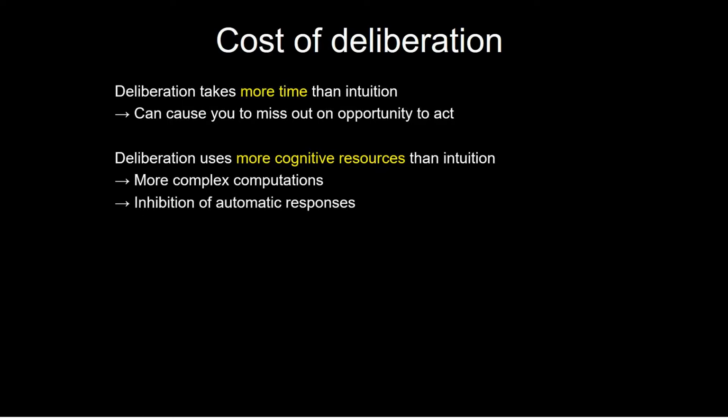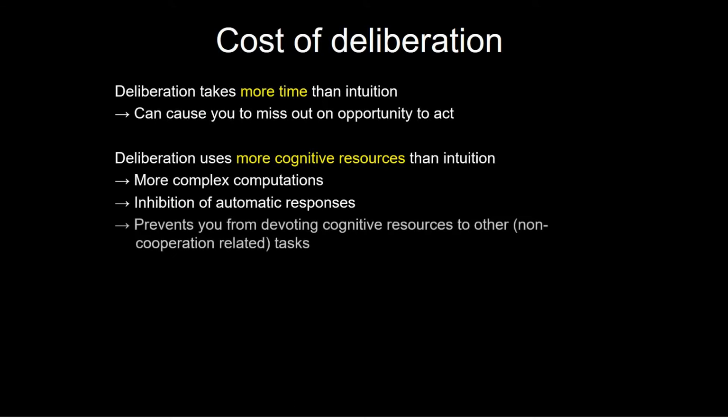So when you have this sort of intuitive automatic desire to do something, or an impulse that comes to mind, you have to exert cognitive control to be like, no, don't do that thing, think about it, figure out what you really want to do. Don't eat that piece of chocolate cake, and so on. And these things prevent you from devoting cognitive resources to other tasks.